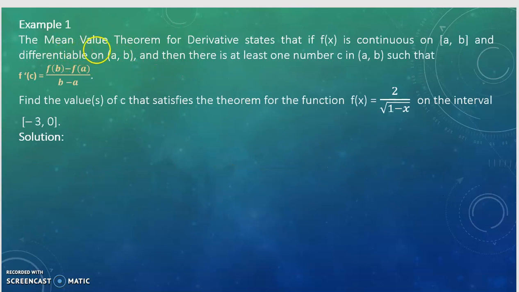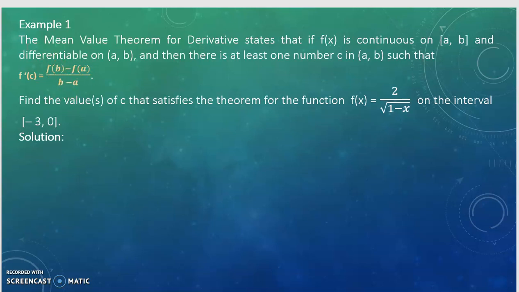Example 1. The mean value theorem for derivatives states that if f(x) is continuous on the closed interval [a, b] and differentiable on the open interval (a, b), then there is at least one number c in the interval (a, b) such that f'(c) is equal to (f(b) minus f(a)) over (b minus a).